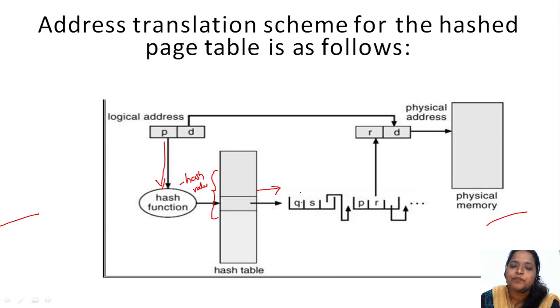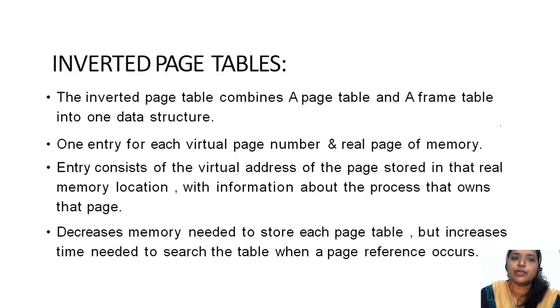The linked list stores the address of the next element, and by following these connections, we search. If anything matches, it is found, the displacement is added, and the particular location is found. So this is how the hash table is done.